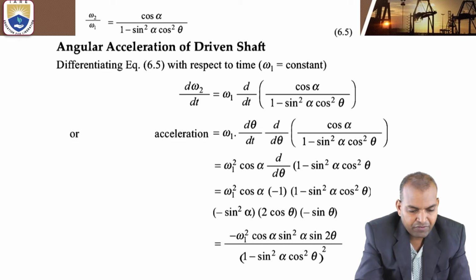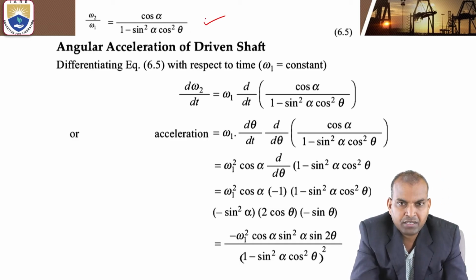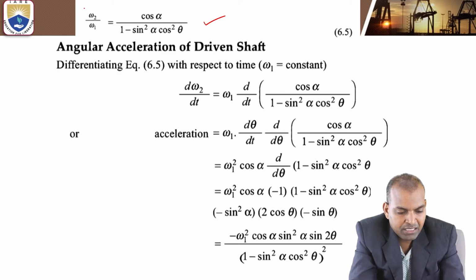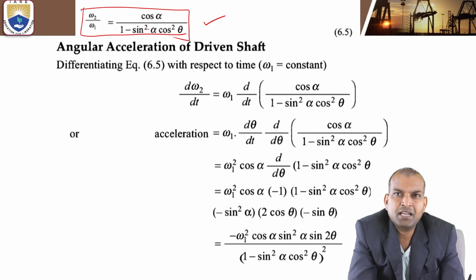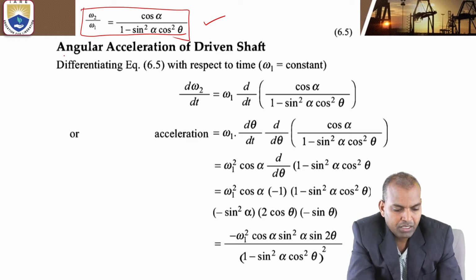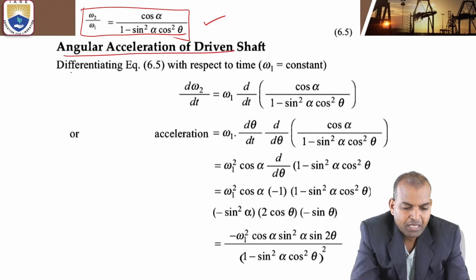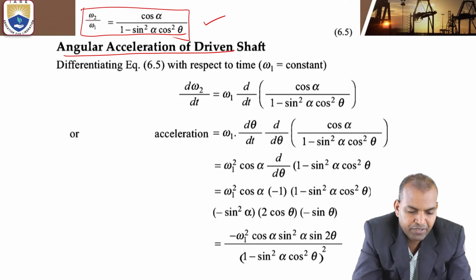Now, this is the equation: omega 2 by omega 1 is obtained as cos alpha by 1 minus sin square alpha cos square theta. This is the angular velocity ratio. Now, if we want to find the angular acceleration of the driven shaft, from this equation omega 2 by omega 1 we can find the angular velocity of the driven shaft.